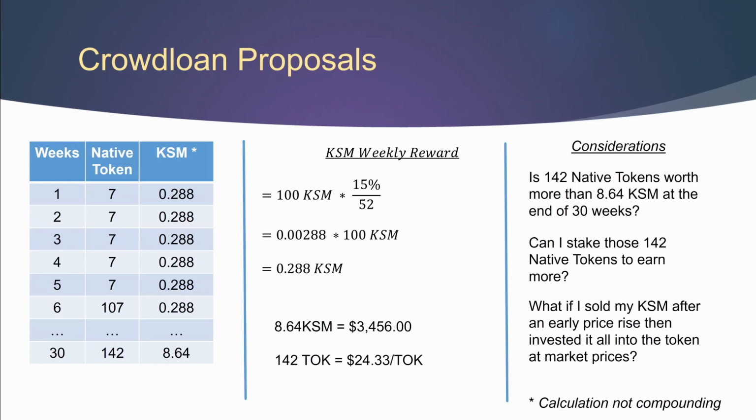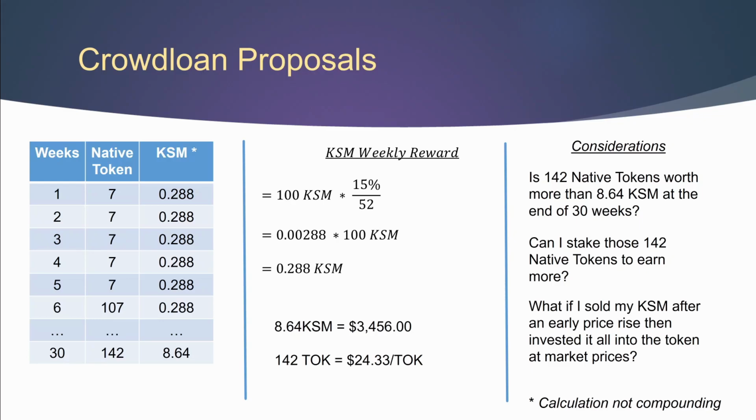So you need to look at some maths, and I'm just going to give you some figures for you to consider. If you invested 100 KSM, and we assume some non-compounding maths, we derive 0.288 KSM for every week. That's what you would get staking without compounding.